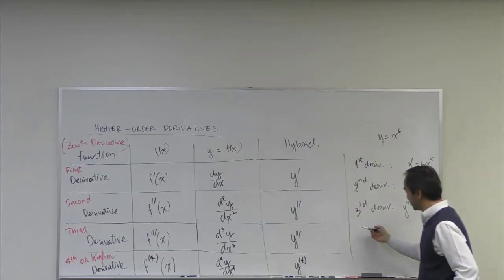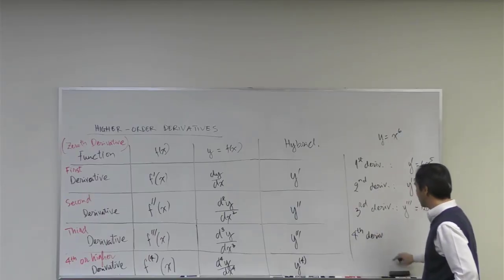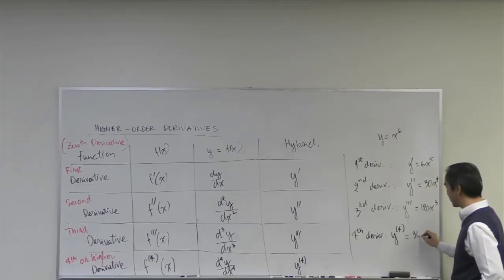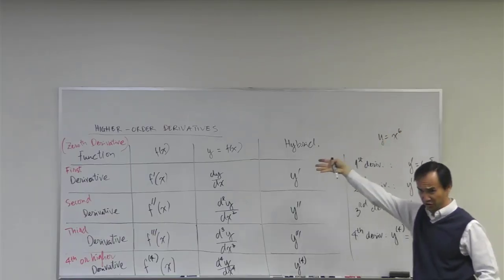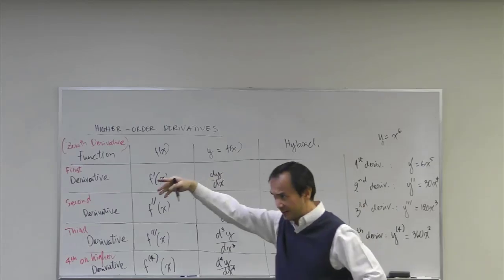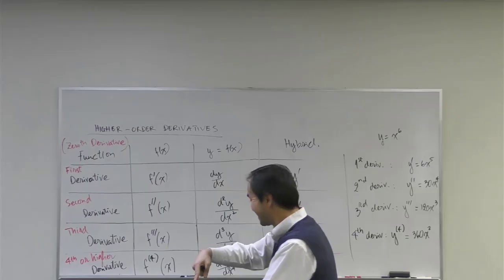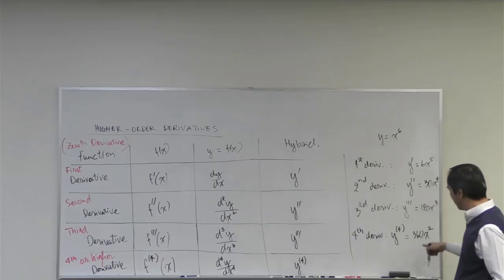If I was asking for the fourth derivative, it comes out to 360x squared. Originally our function was a power function, so in every step we took the derivative, the power reduced by 1 and reduced by 1. It's all the power rules we've been learning. So we got down to 360x squared.